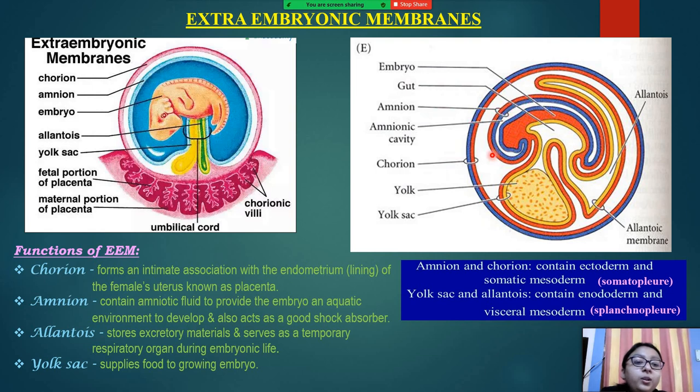So with ectoderm and mesoderm, amnion and chorion are formed, and this ectoderm plus mesoderm is known as somatopleure. In the case of yolk sac and allantois, endoderm and mesoderm take part, and this is known as splanchnopleure. So ectoderm plus mesoderm is known as somatopleure, and endoderm and mesoderm is known as splanchnopleure.